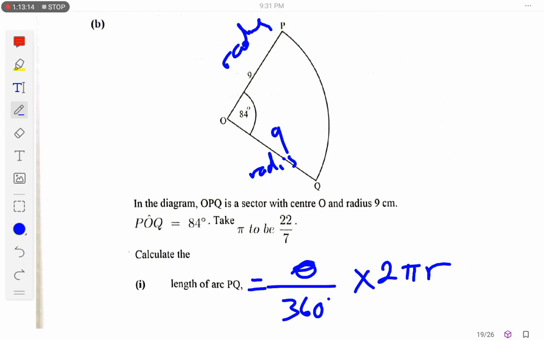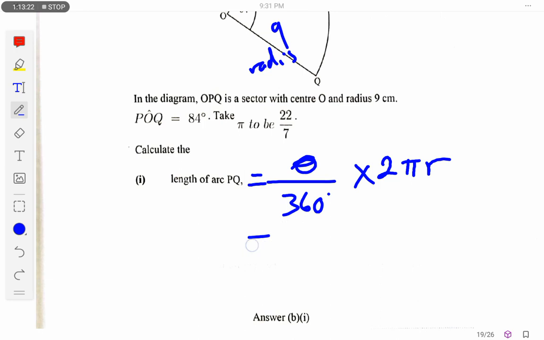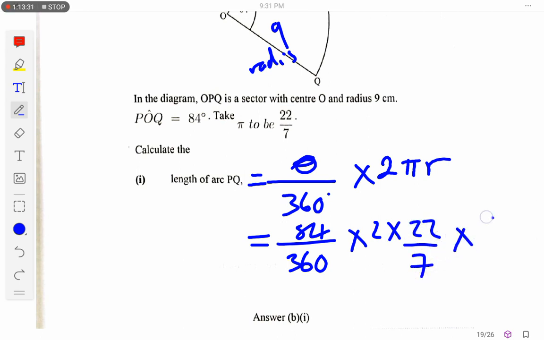But because we have an angle, it will also affect our length there. That's why we have theta over 360. Now let's substitute what we have. Our theta is 84 over 360 times 2 times our pi, 22 over 7, times our r, which is 9. Let's simplify and divide.